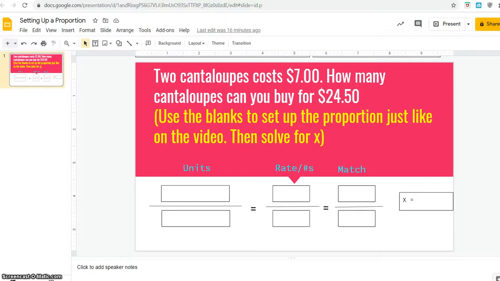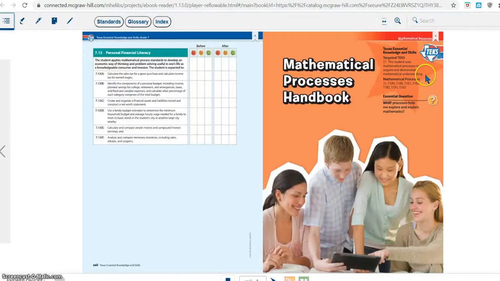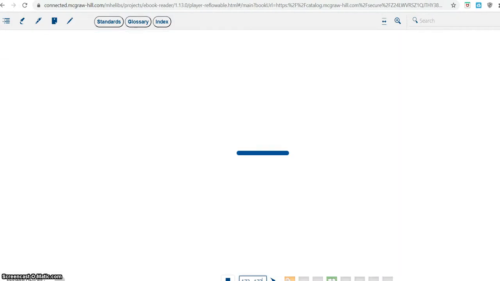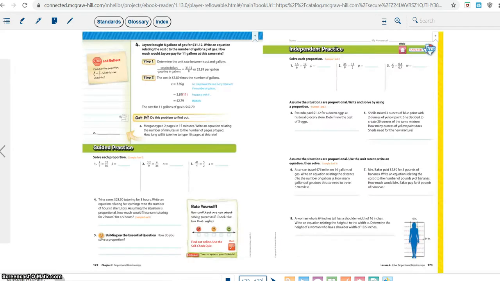Let's start. If you are in your book, you are going to be on page 173. If you're at home and you don't have journal notes, if you do have journal notes, we're just going to continue where we left off.